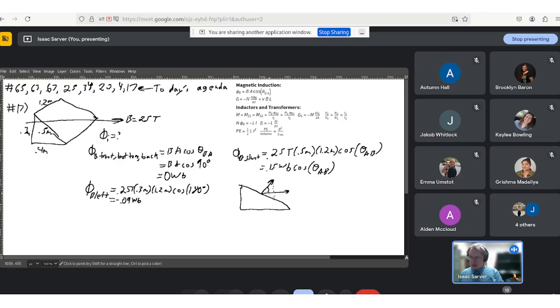We need the cosine of this angle, and so it'll be the alignment between this guy and that guy.